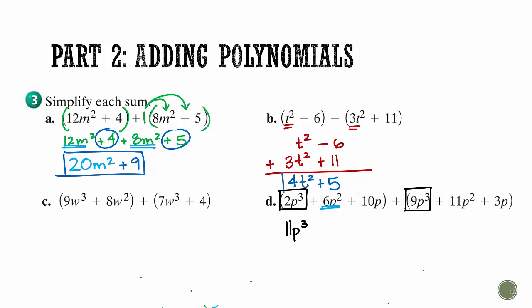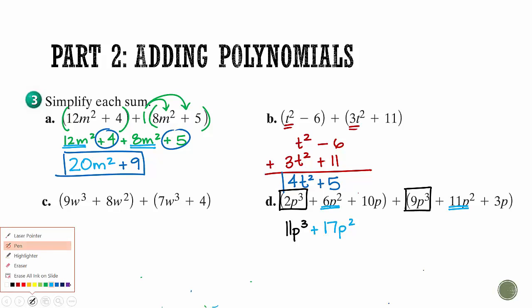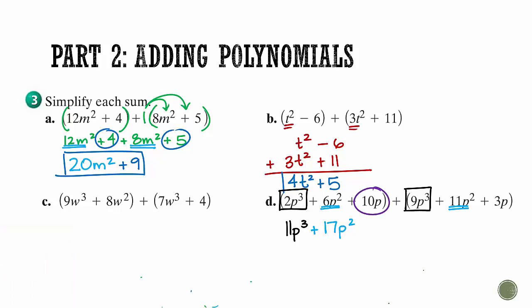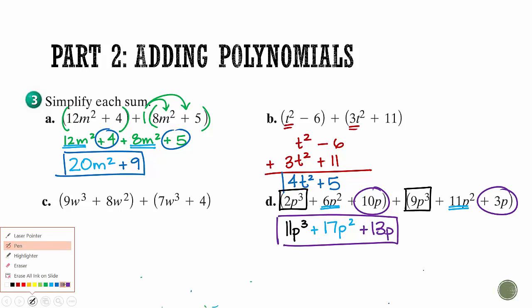So I have 6p squared plus 11p squared, 17p squared. And then I'm looking for p's. So I got 10 plus 3 gives me 13. And that's it. Be very careful that you don't end up combining these things when you're done. They have different variables on them, so they can't go together.